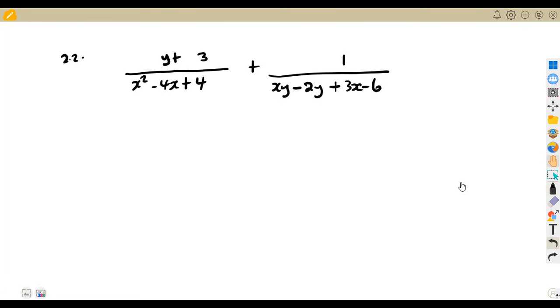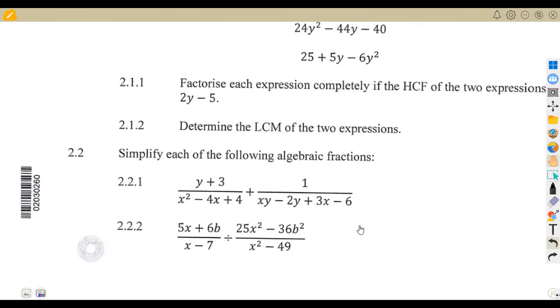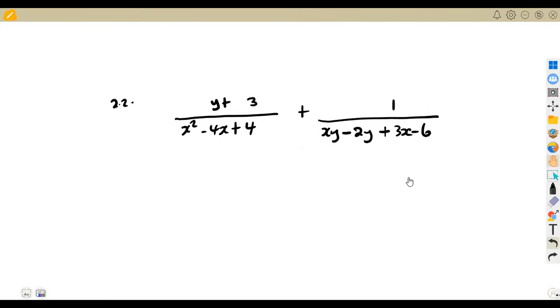All right, so this is what we are being given here. This is what we see, and we are asked to simplify this part. What exactly are we to simplify? We are to add this part because we are given this with an addition. So meaning to say we are supposed to add these two.